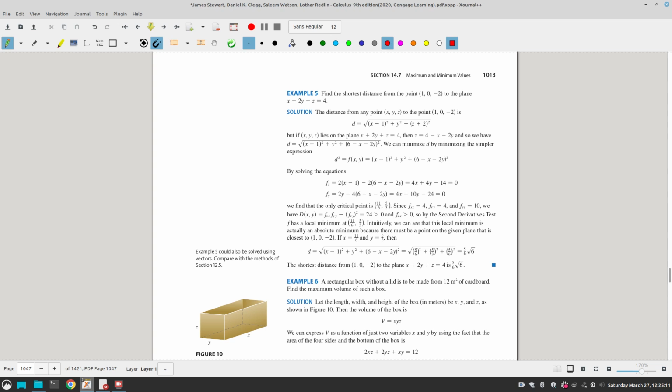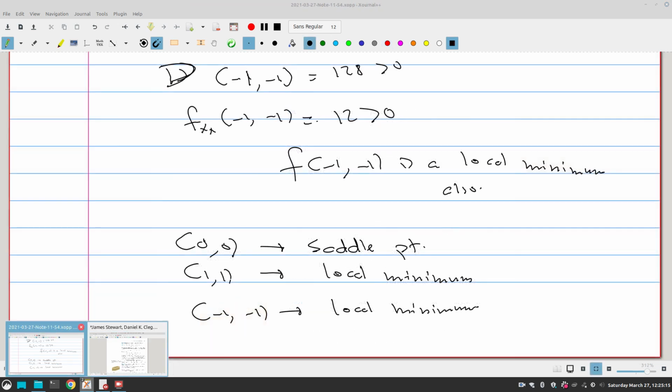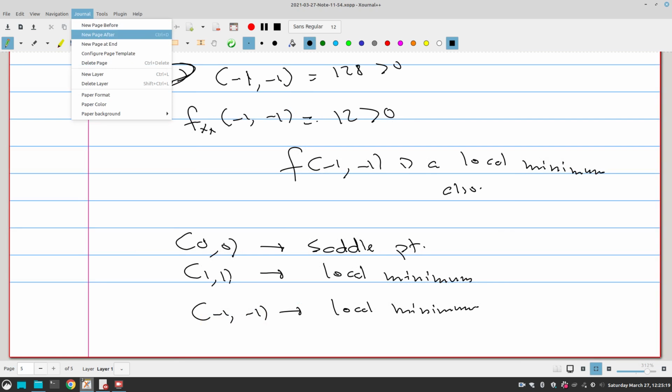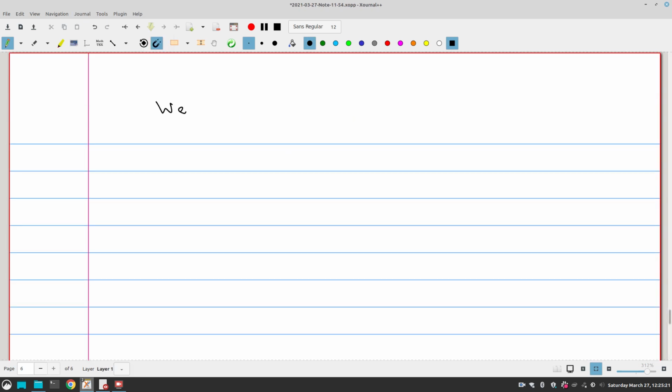So we want the shortest distance. What shortest distance do we need? We want the shortest distance from what point to what plane? Let's have a look.